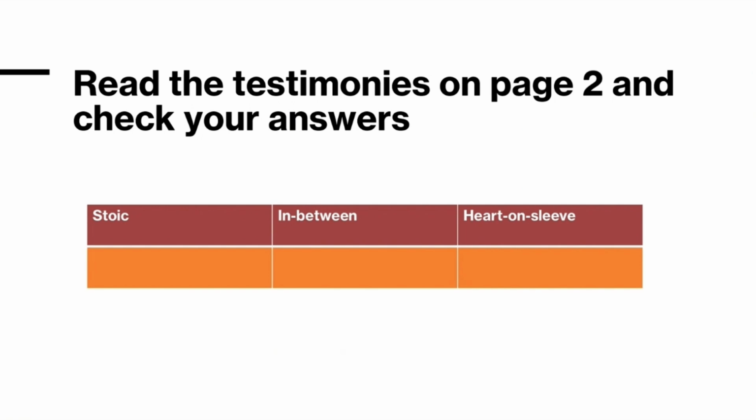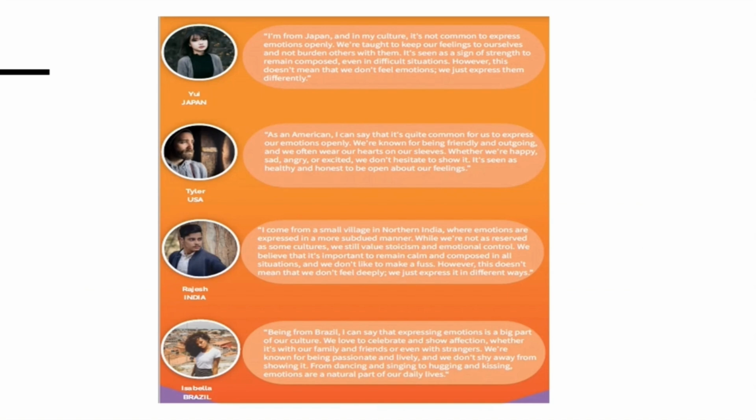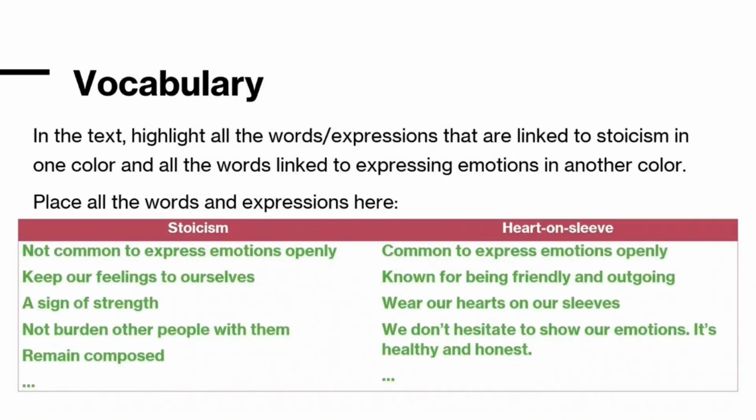So here it's the idea of confronting them with their stereotypes and preconceived ideas about people. And then they read the text, like I said, and they check. Then you have a vocabulary exercise where you list the expressions that are used to talk about the fact that people are stoic or that they have their heart on their sleeves.